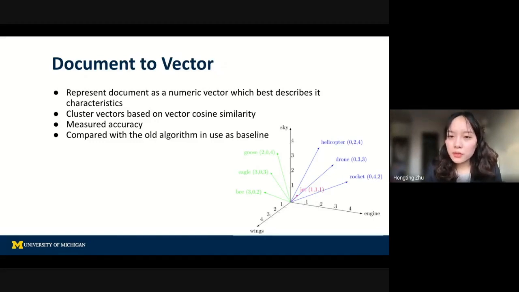On the bottom right diagram, you can see an example of what it would look like. Here it is actually word vectorization, but you can just imagine each word as a document. A document vector can have a much higher dimensional vector space, but it all comes down to looking like this.